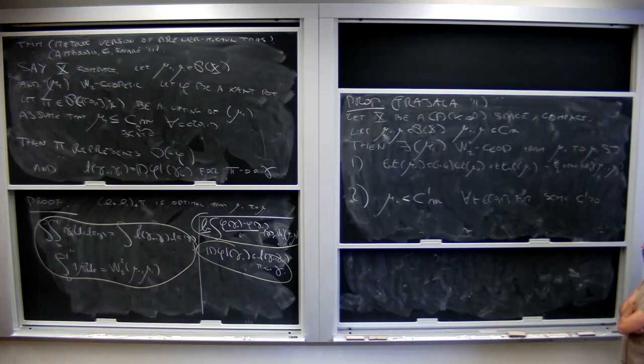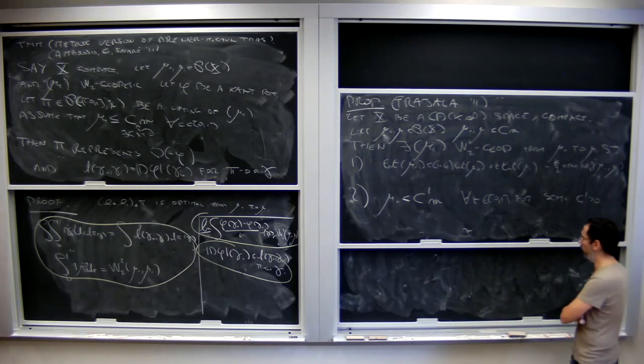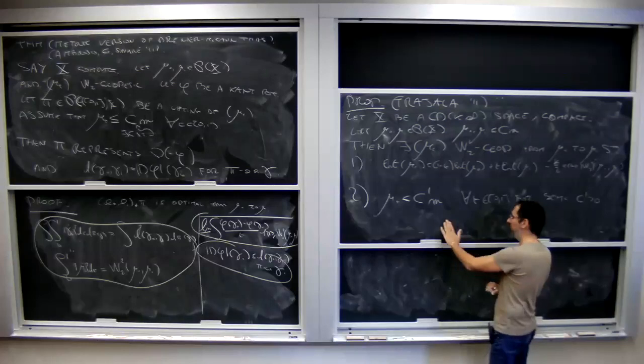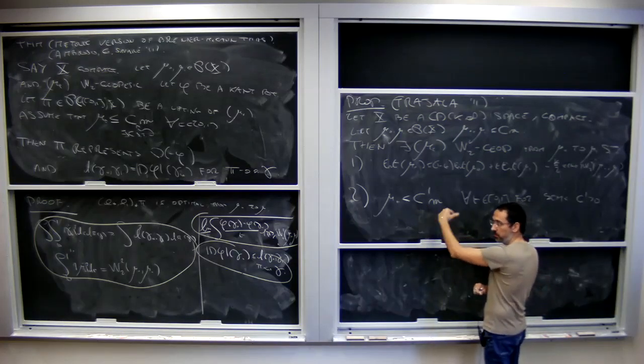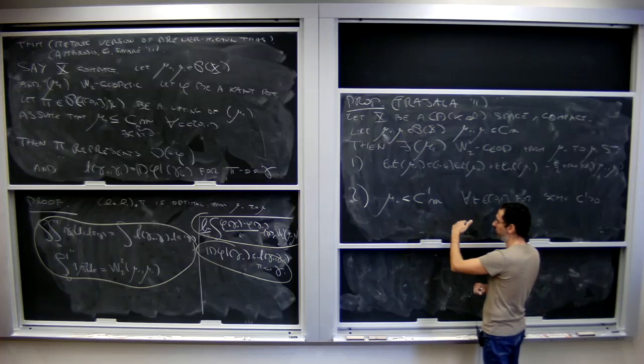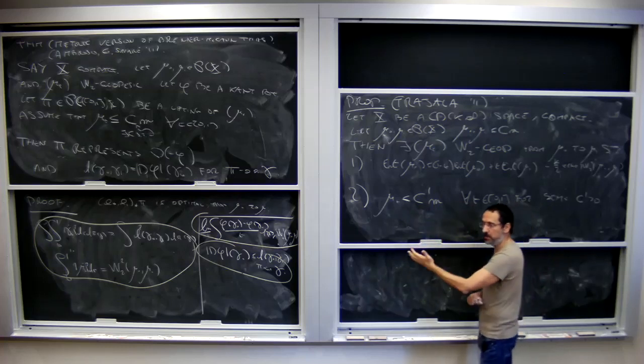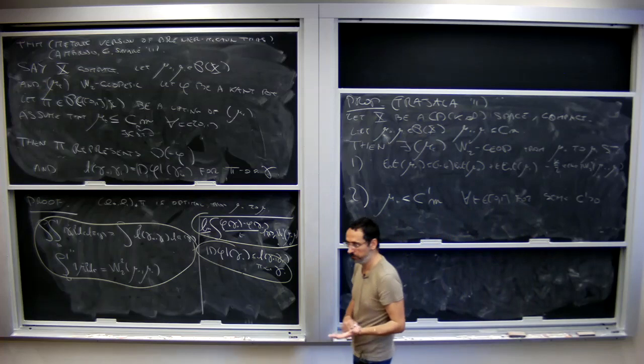So let me comment. First of all, if you follow Rajala's proof, now I'm being a little bit dishonest in here. He tells you exactly who this C prime is in terms of the statement. And that C prime is the same C prime that you would get on a Riemannian manifold.